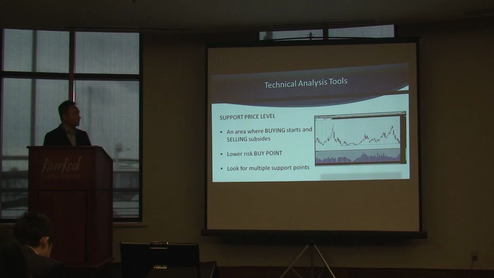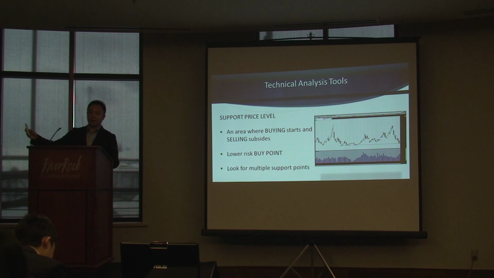A support level, or support price level, is an area where buying starts and selling subsides. So if we say a stock has a $10 support level, meaning the stock has gone to $10, is now sitting at $10, and it could hold that level. Now, if it doesn't hold, if that support breaks, then we exit.